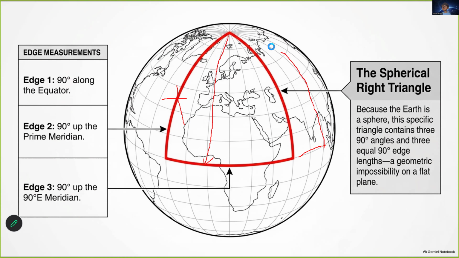Anyway, this is also minus 20, so it's the same. Minus 20, this is the 70. So it's the same as our quadrant.